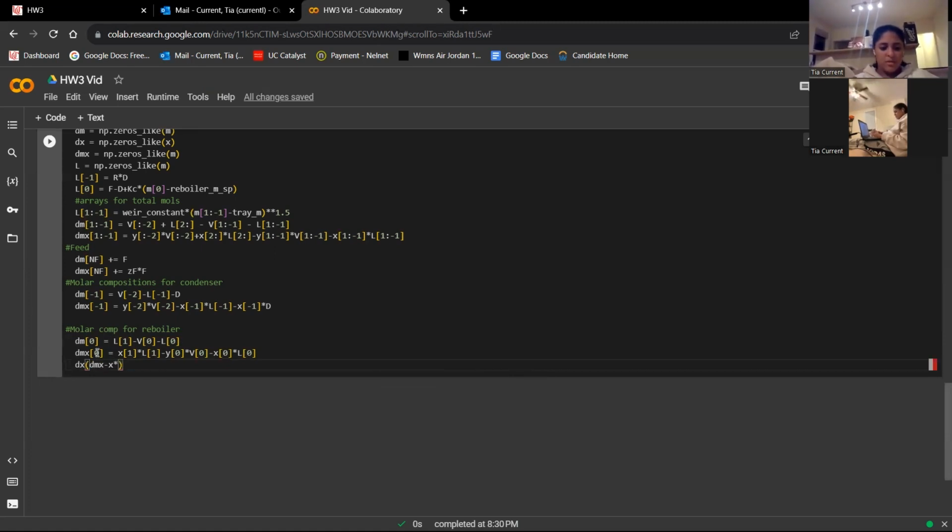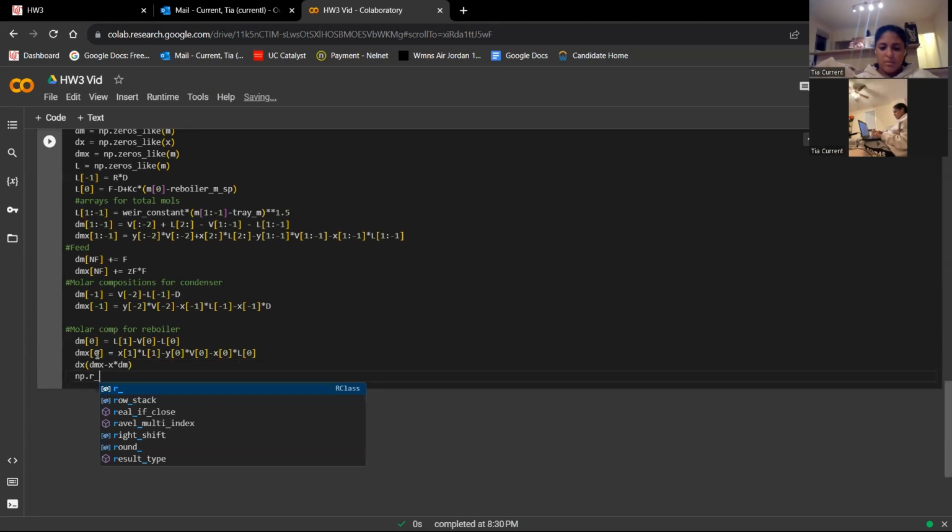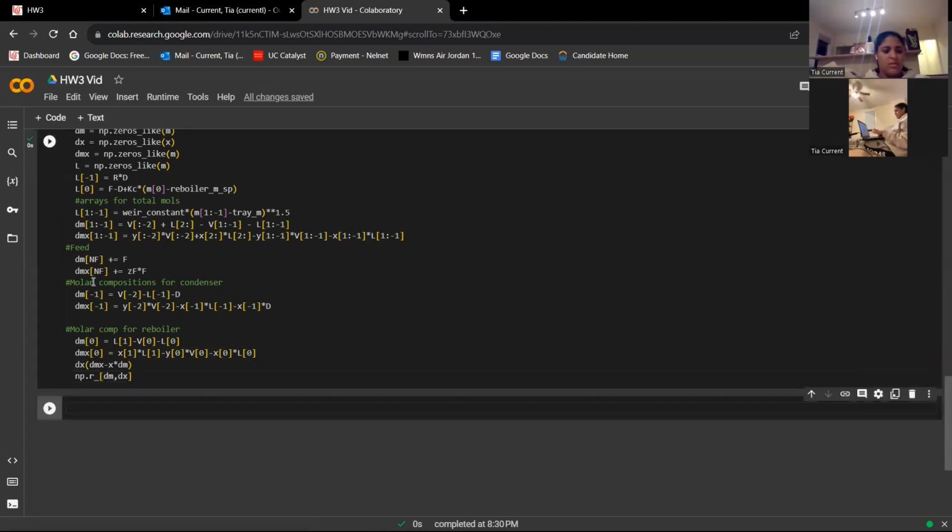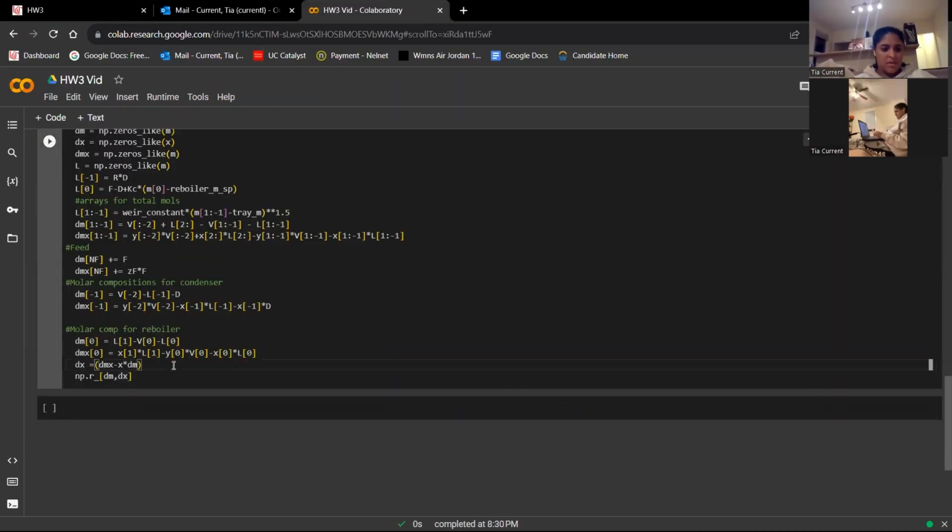x times dm divided by m, v dot r, dm dx, and enter and see if that worked. It ran. When I pressed enter, it messed up my thing.